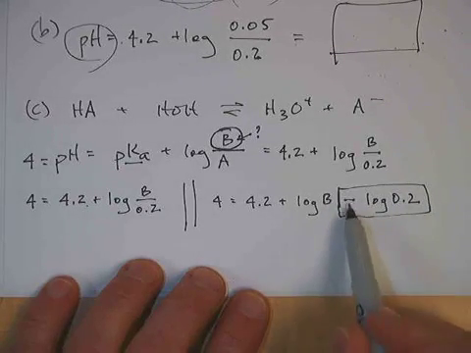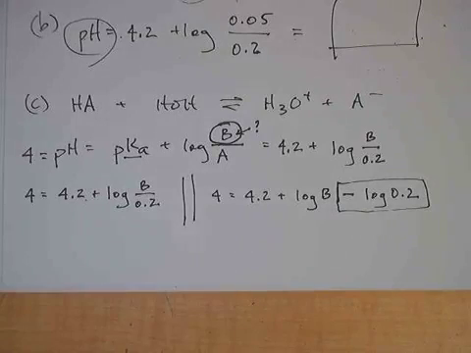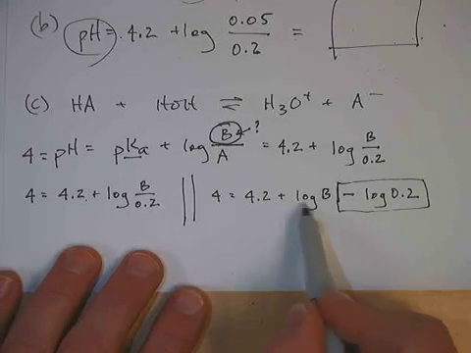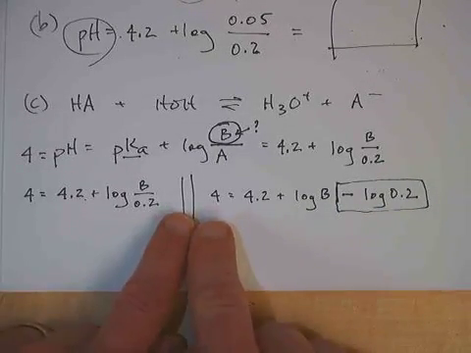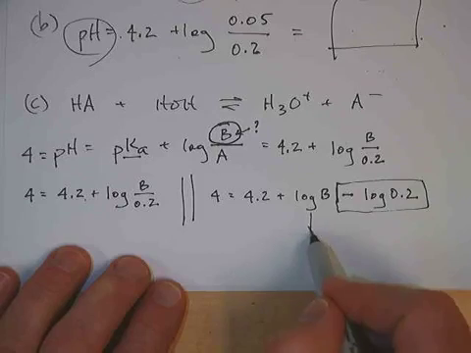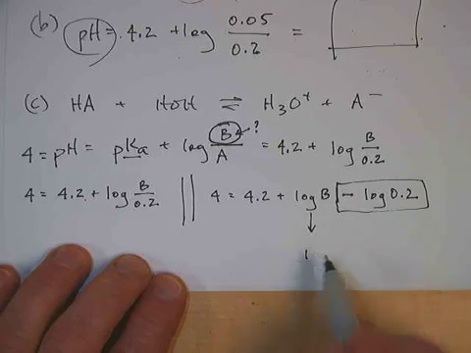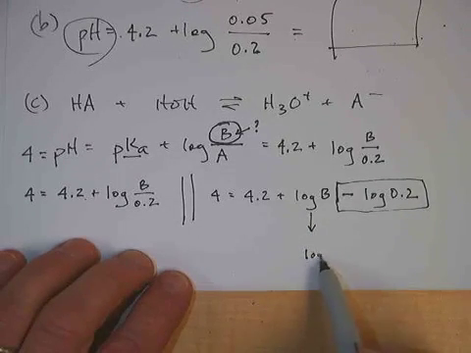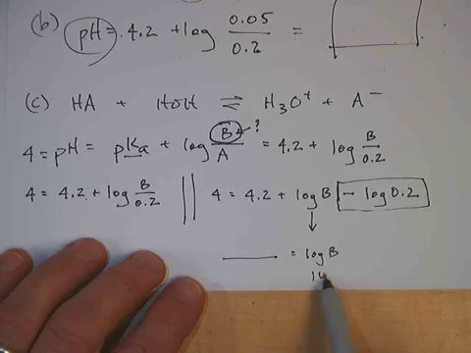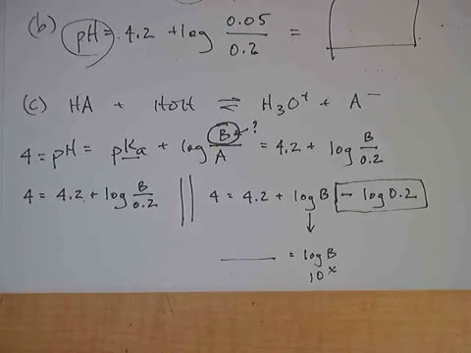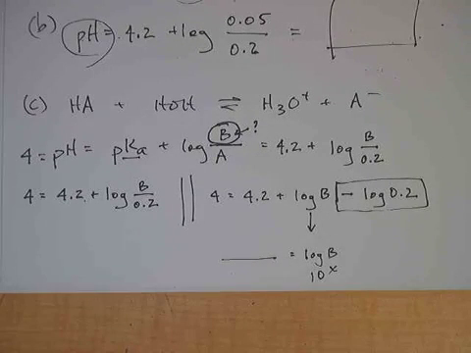Now you might or might not remember from your math class that when you have a log of one thing divided by another, you can also write this as the log of B minus the log of the thing on the bottom, 0.2. Now that I've separated it that way, you can go ahead and calculate this part on your calculator. Notice there's a minus sign right there. Don't lose that negative, or else you'll be sad.